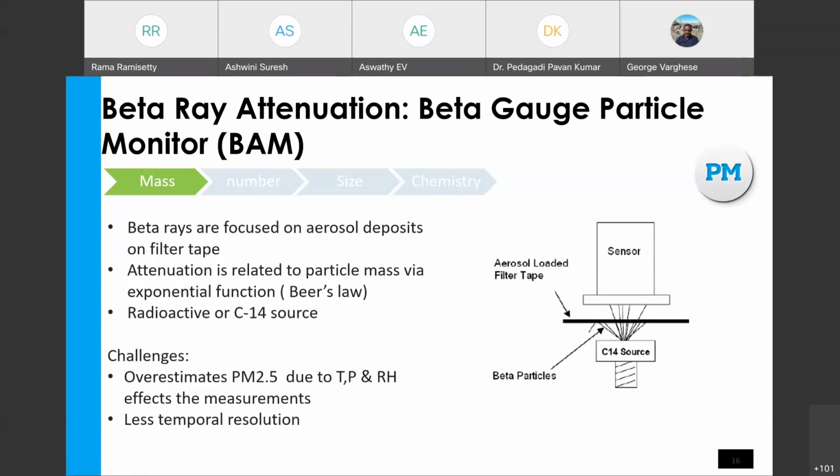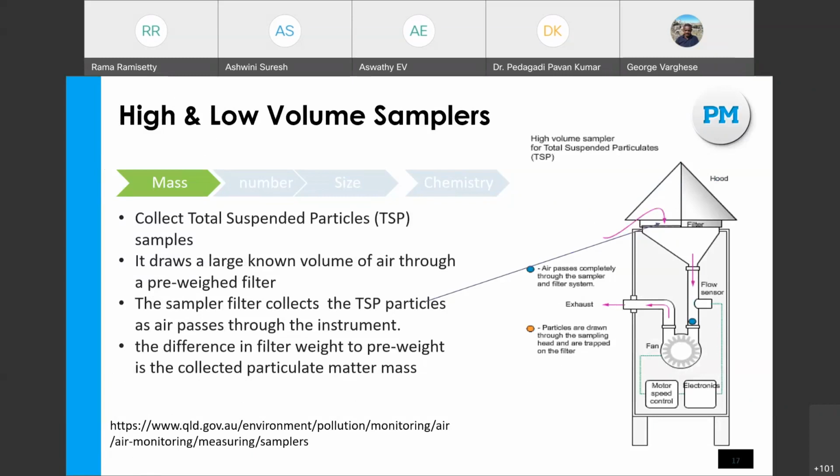Okay, and there is another very standard, old method. We call it high volume or low volume samplers. In this method, we have a filter paper here, and we pull the air from outside with a vacuum pump, and the total suspended particles collect on this filter paper, maybe for 24 hours or 48 hours, depending on the experiment.